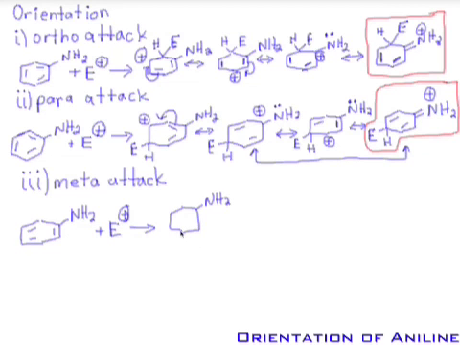Meta would be this position. I'd still have my pi bond here, my pi bond here, but this would become positive. I can move that pi electron there, and I get the plus here.